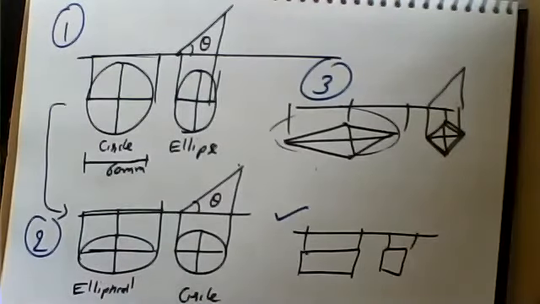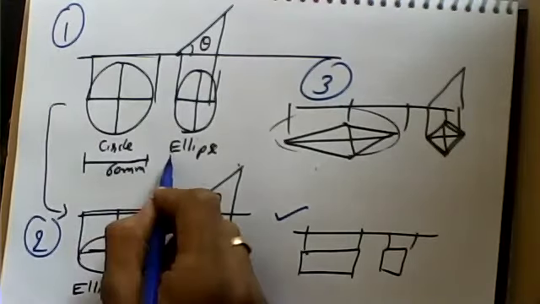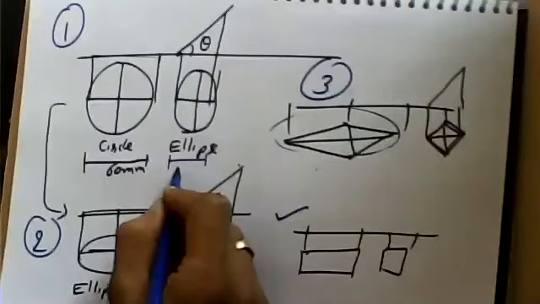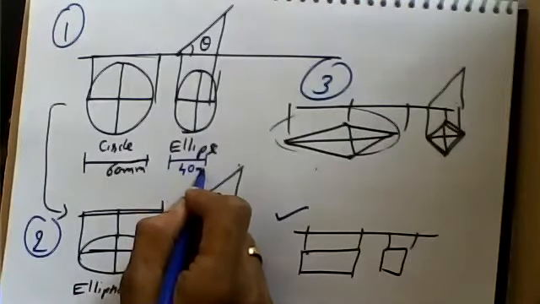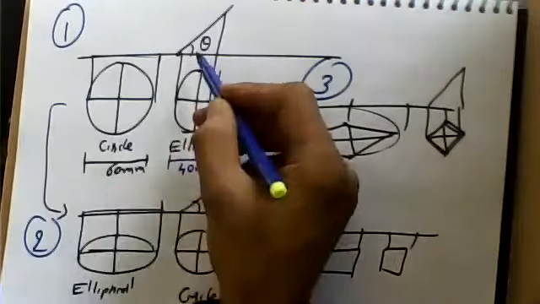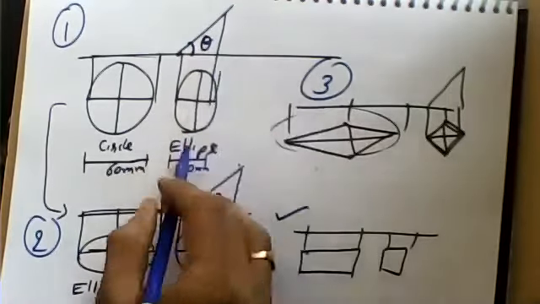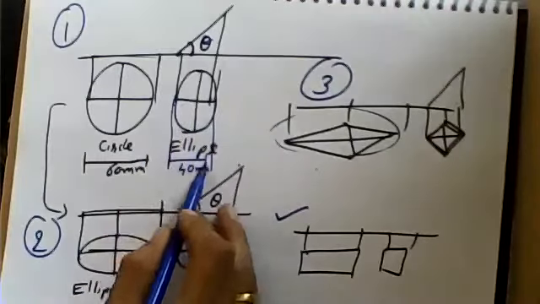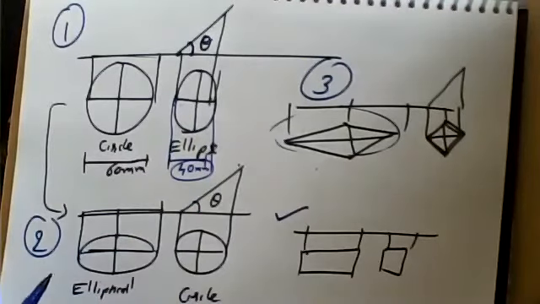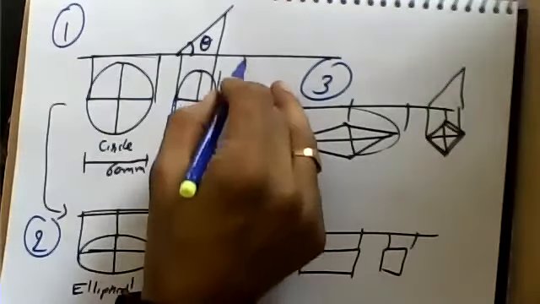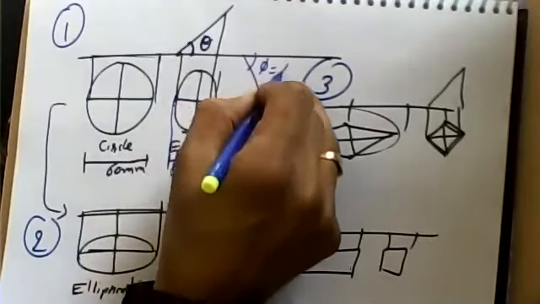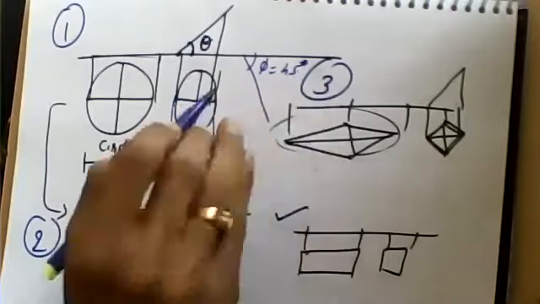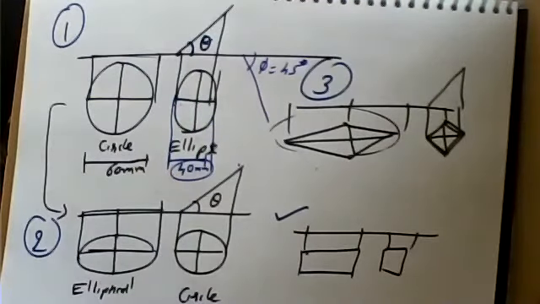When it becomes inclined to HP, it is inclined such that its minor axis becomes 40 mm, and it is inclined to the vertical plane by 45 degrees. Draw its projections. This is the problem statement.